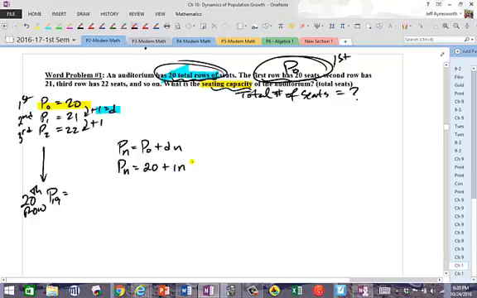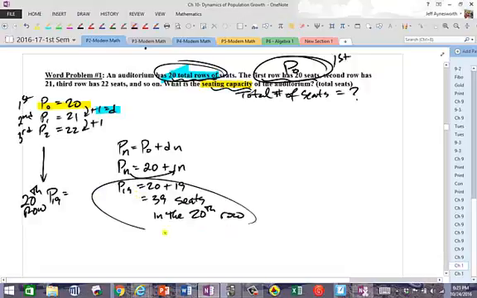So p sub 19 would be equal to 20 plus 1 times 19, or 19. That's 39. So there's 39 seats in the 20th row. Now make sure you understand that. There's 39 seats in the 20th row, which is the 19th term in this sequence.